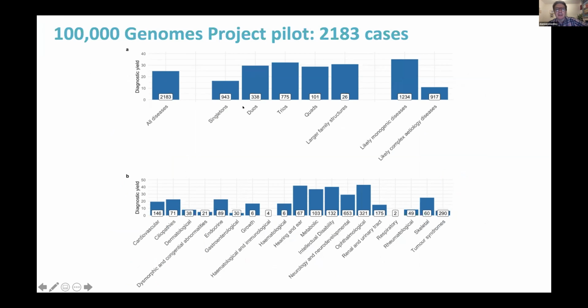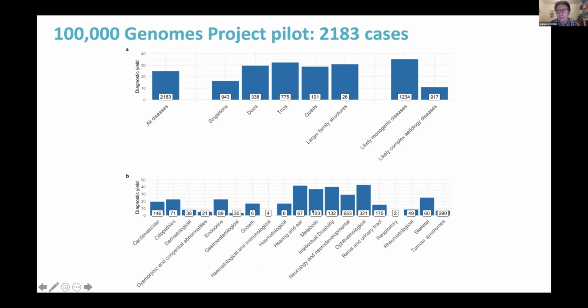It does vary depending on the family structure. Obviously, if you're recruiting larger family structures, you can do more filtering. For the categories that are more likely to be monogenic, the diagnostic yield is up at around 35%. And in this bottom panel, you can see the diagnostic yield varies a lot by disease. So for intellectual disability and eye diseases and hearing diseases and other neurological diseases, we can get diagnostic yields above 40%, as you'd expect.